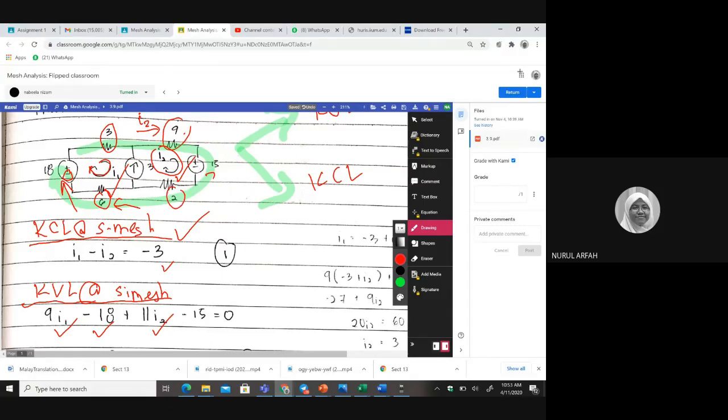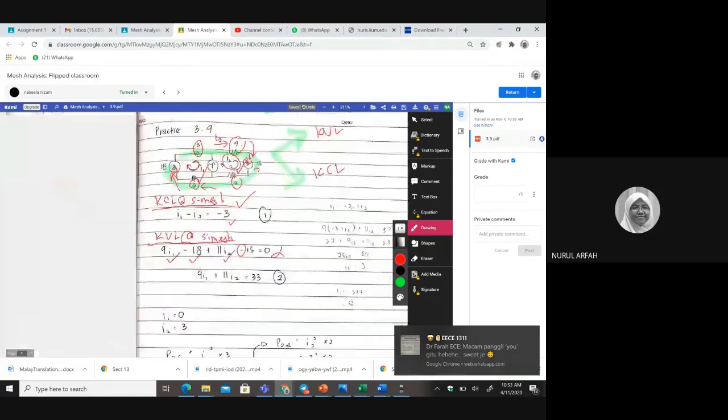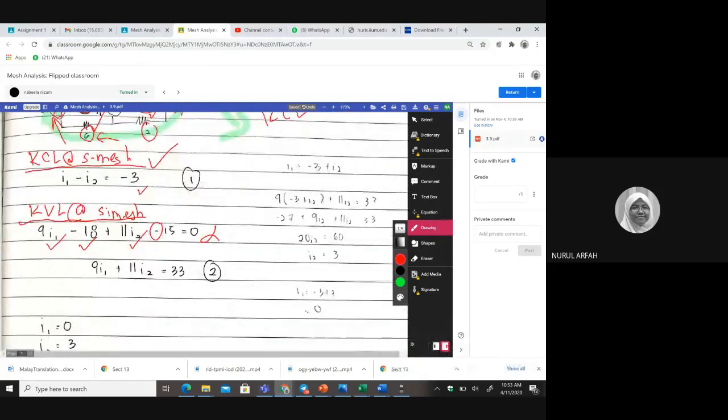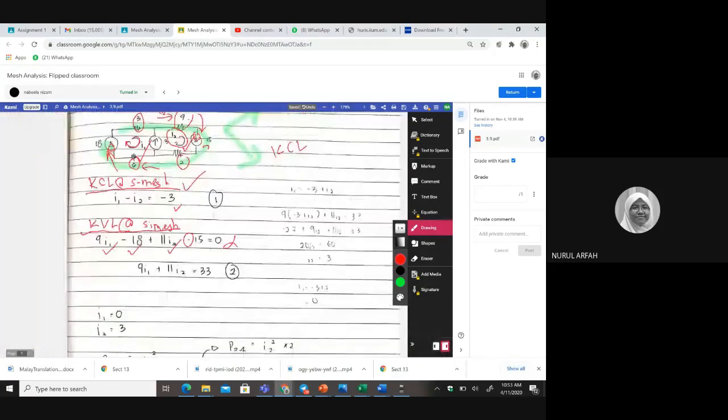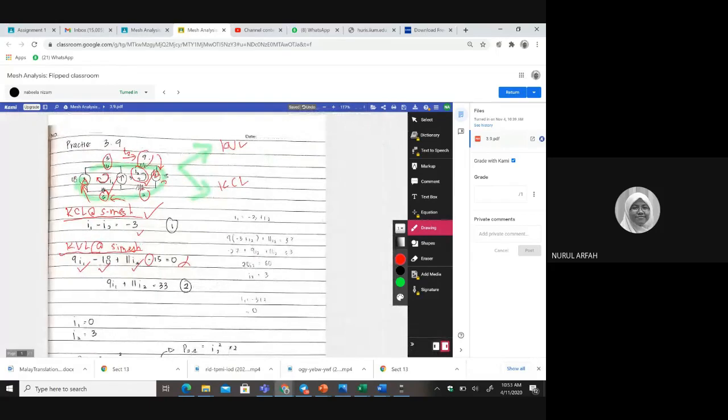And then, Nabila, it's supposed to be a positive here. So this is incorrect. So the whole thing is incorrect. So please be careful, even though mesh is very straightforward, sometimes it tends to give you some small mistakes.